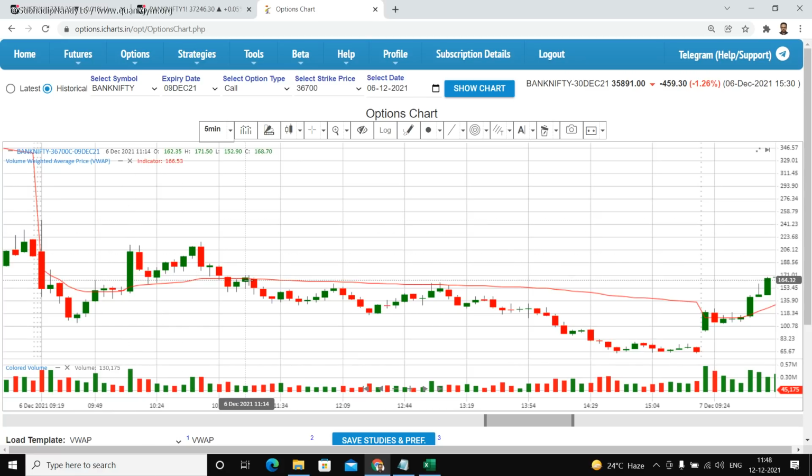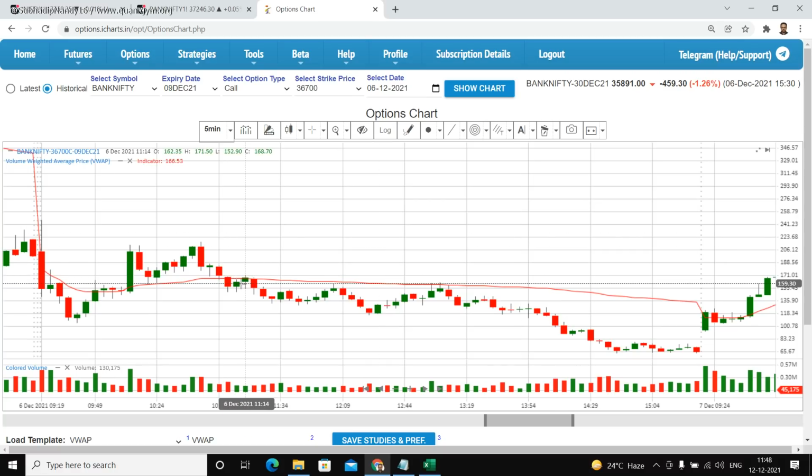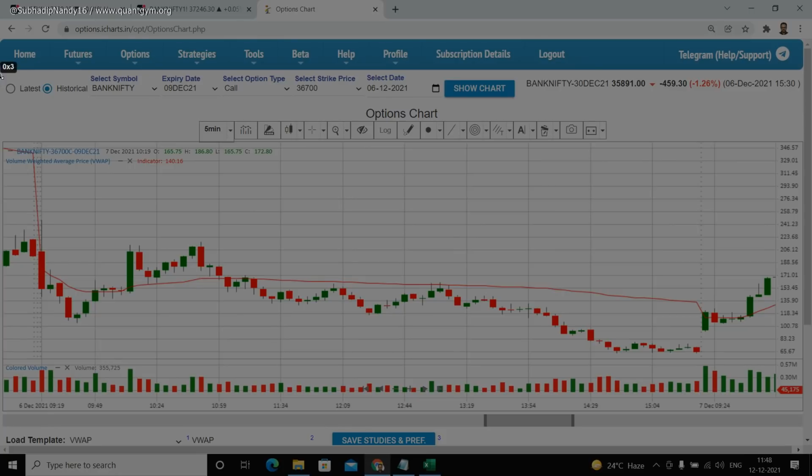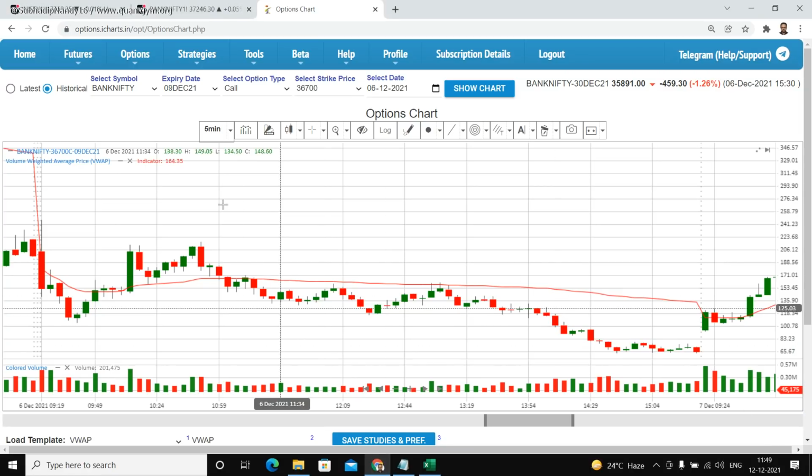So if I short at 160 till 3:10, 3:20, it has come down to 67 rupees. So 160 to 67. So your price actually goes from here to here. And as you can see, there's no panic within the day that your call will go up. Okay, so this was your option selling trade.